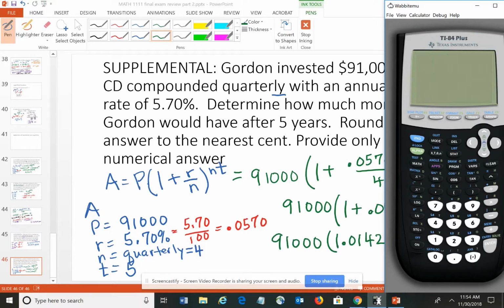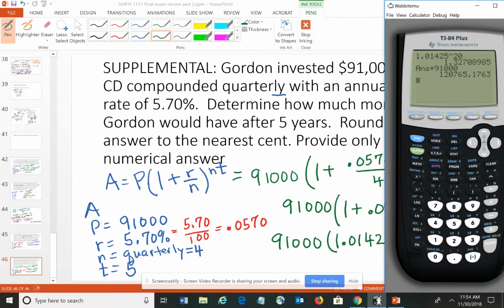Then I'm going to definitely get my calculator out. Okay, so I would have 1.01425 raised to the 20th power times 91,000 gives me $120,765.18. Okay, be careful. The 6 next to the 7 is going to bump it up an extra penny.